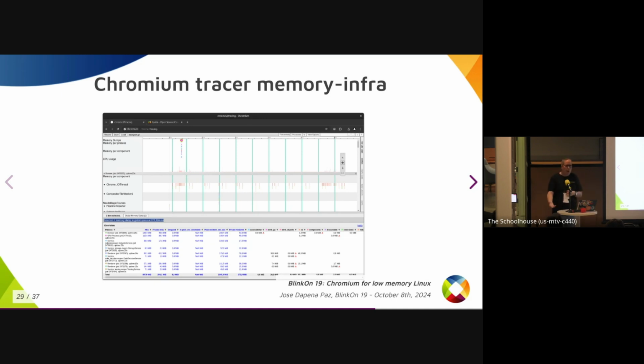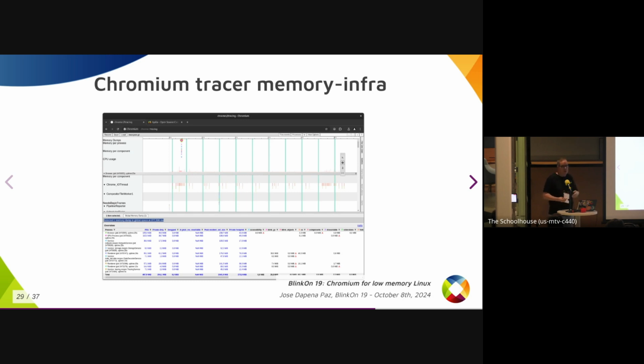We can ask, okay, how much memory are you taking and why? And it also allows us to define some responsibility or ownership of that memory, because we have memory that is accounted in the render process, but also in the browser process or even in the GPU process. And you want to actually make those memories be accounted only once.